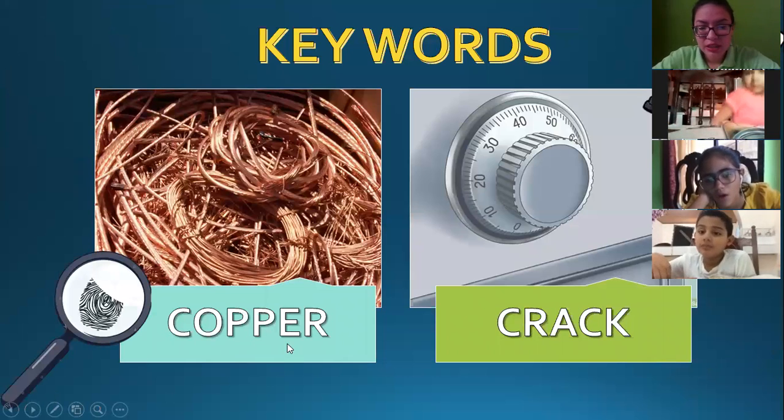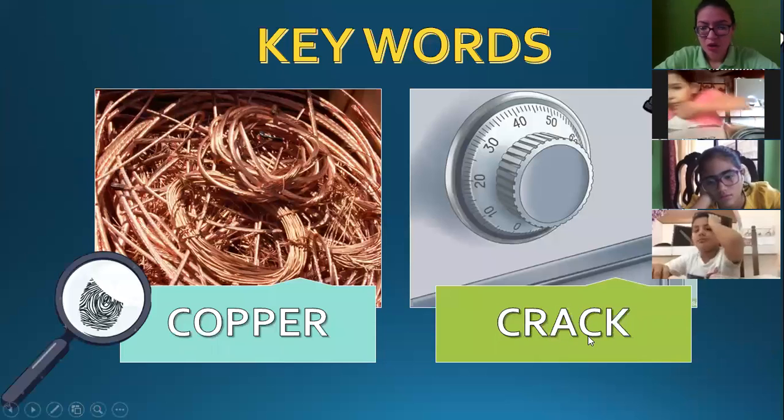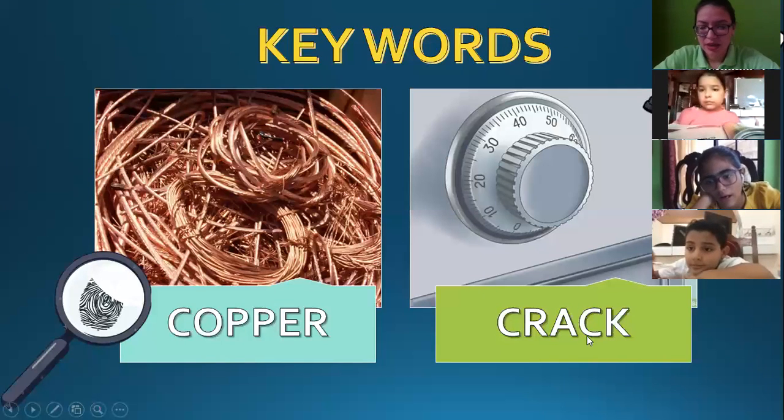Okay, the other word is copper. Repeat after me, copper. Copper is made from a soft reddish orange metal. This is a metal, a type of metal. Crack, that is another one. And it is not about drugs, guys. It's a verb.